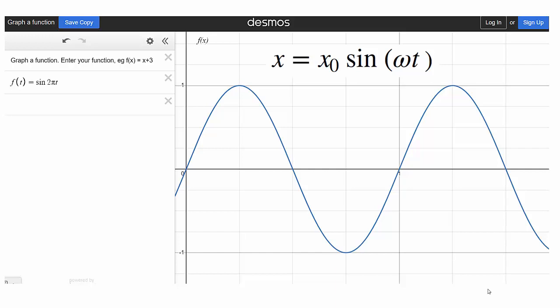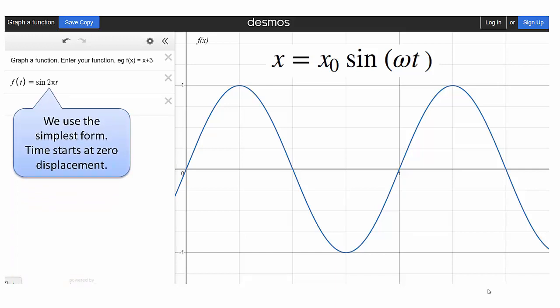Now you see on this graph, the time taken to go from the middle of the wave up, down, and back to the middle of the wave is 1 second. In that time, it goes through 2 pi radians of angle, mathematically speaking.